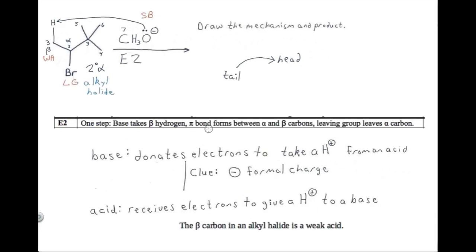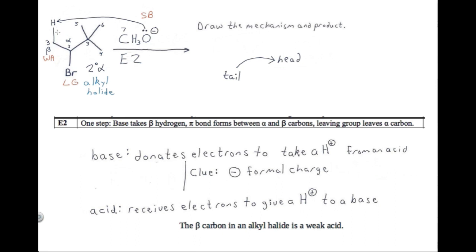Now we have to draw an arrow to show the pi bond forming between alpha and beta carbons. Well, remember that a hydrogen can only have one bond at a time. If this hydrogen is going to form a new bond to this oxygen, the hydrogen will have to break its bond with carbon 3, and that's going to free up the electrons in this bond. What can we do with the electrons that are freed up from that bond?